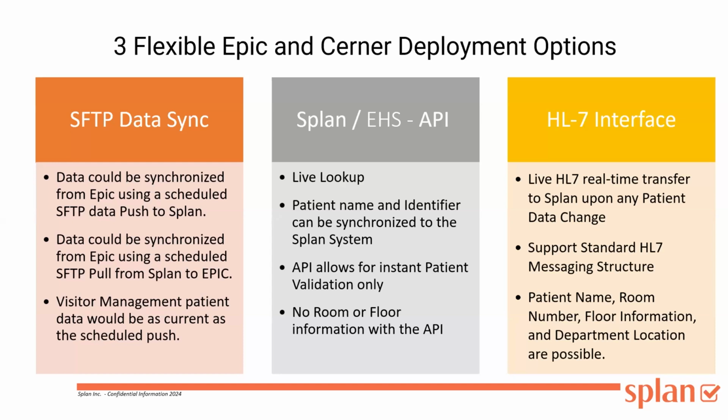Now, the beauty of HL-7 is it is a live real-time transfer to Splan upon any patient data change or add. So it's real-time information so that when a visitor checks in, we know exactly where that patient is, right? And there's going to be a multitude of ways that we can do that check-in and so that we meet HIPAA regulations and we are secure in that.